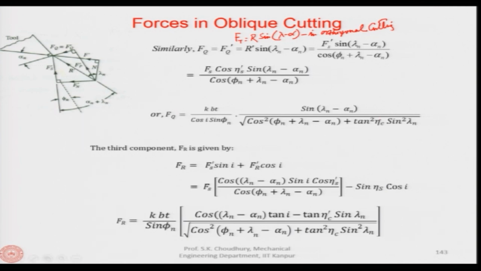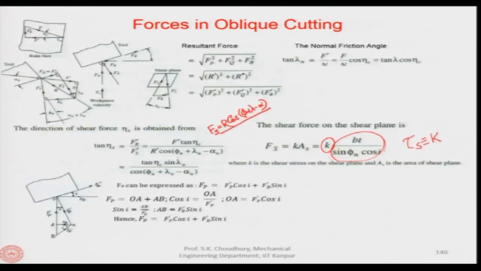And the third component Fr is given by Fs prime sin I plus Fr prime cos I, because they are mutually perpendicular. So, if Fc was equal to, you remember we said that Fp or Fc is equivalent to, this was given by this expression.